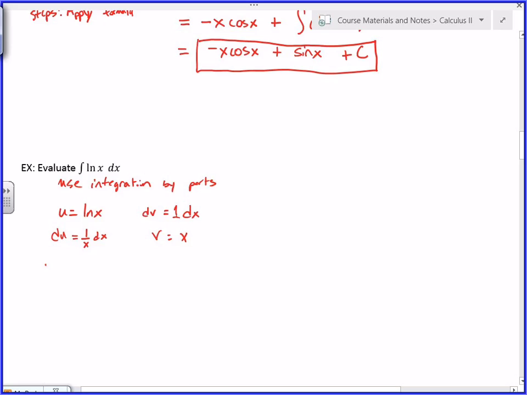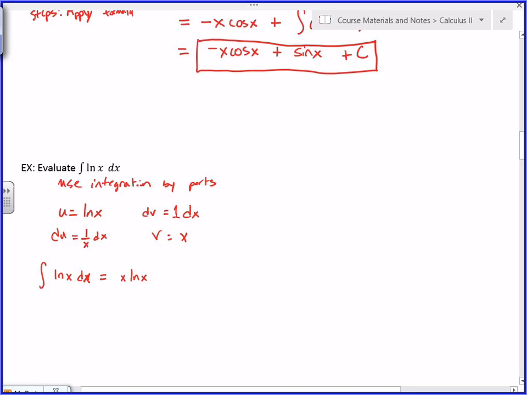Okay, so here's what we've got now. The integral of u dv, that is log of x dx, is, what's the formula? uv minus integral v du. So uv is log of x times x.